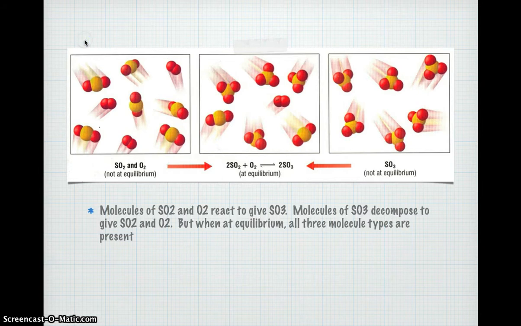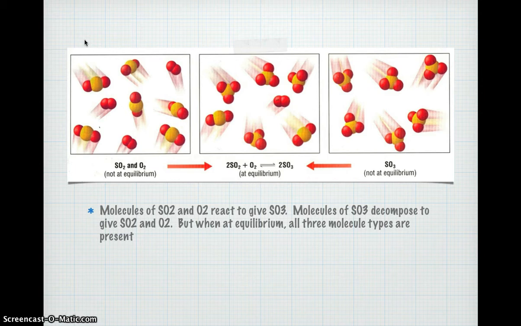So what is equilibrium? Well, equilibrium is when all three molecule types are present. Picture on the left, the first square: we have no SO3. Picture on the right: we have no SO2 and we have no O2. Picture in the middle, we've got all three.